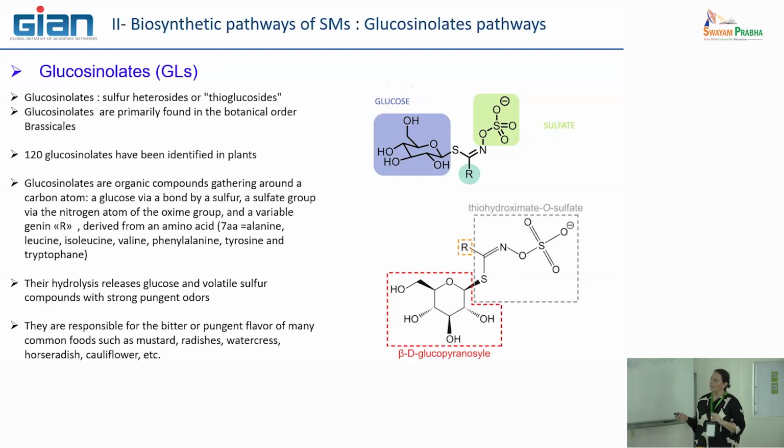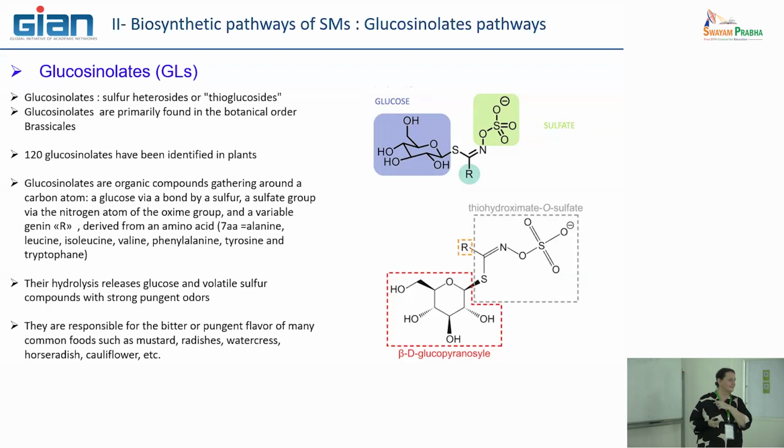This type of organic compound is very important because they are quite small and can be easily hydrolyzed in the cells. That can give new molecules of glucose too. It's a way of glucosylation and deglucosylation, but they can also give volatile sulfur compounds.